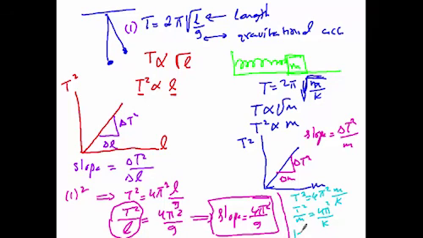So k from here is 4 pi square m over T square, and this m over T square is the reciprocal of the slope. So from here you can get the value of k.